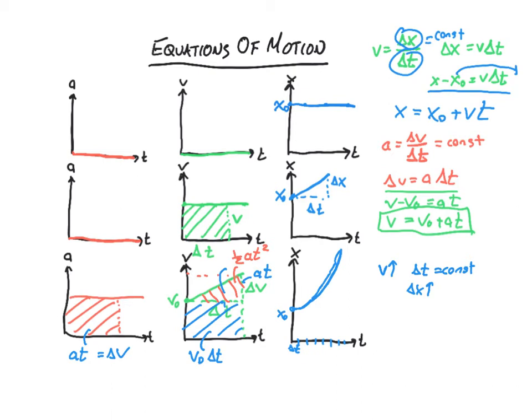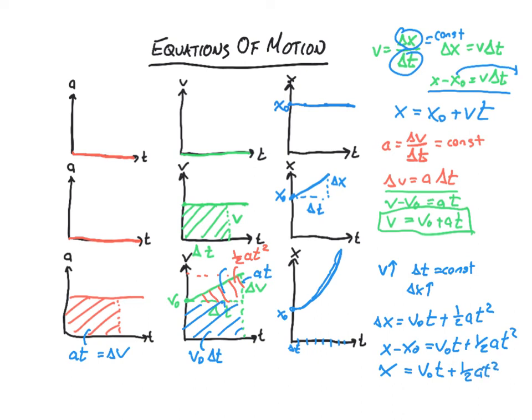And again, using what we said earlier, since x is just the area under the curve, in this case that must mean that the change in x is going to be v0t plus 1/2 at squared, or in other words, x minus x0 is v0t plus 1/2 at squared, which means x equals x0 plus v0t plus 1/2 at squared.